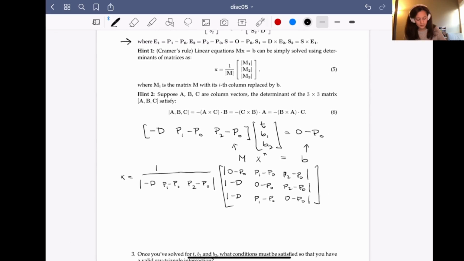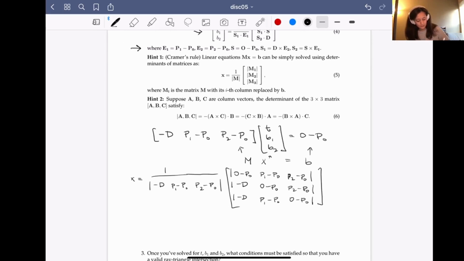So let me just zoom out so you guys can see this. So we have x equals 1 over negative d, e1, e2, and then this is s, e1, e2, negative d, s, e2, negative d.